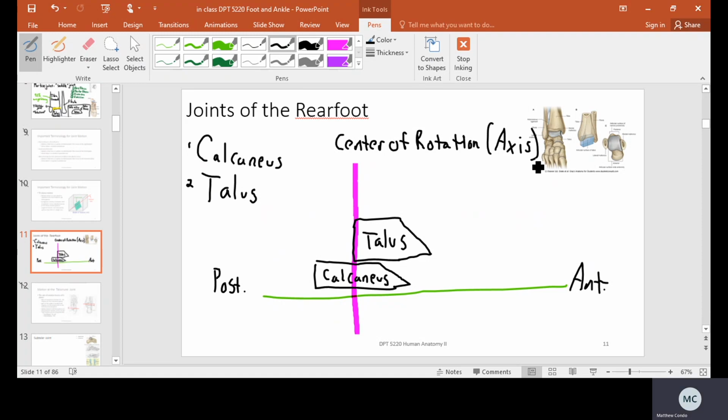So when I'm looking at these bones from the lateral perspective, what I'm going to see is that the calcaneus is going to have more of a posterior presence, if you will, behind the center of rotation or the axis than the talus is.